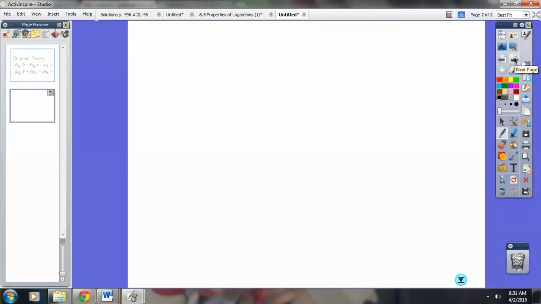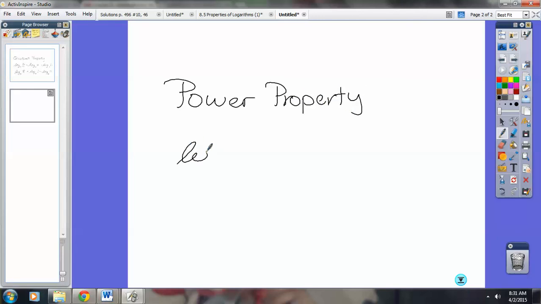Last one is called the power property. Base still. M is our argument. P is our power. P for power. In the power property, when we're using logarithms, we don't like to have a lot of exponents. So what we do is this P is going to come to the front of our logarithm.